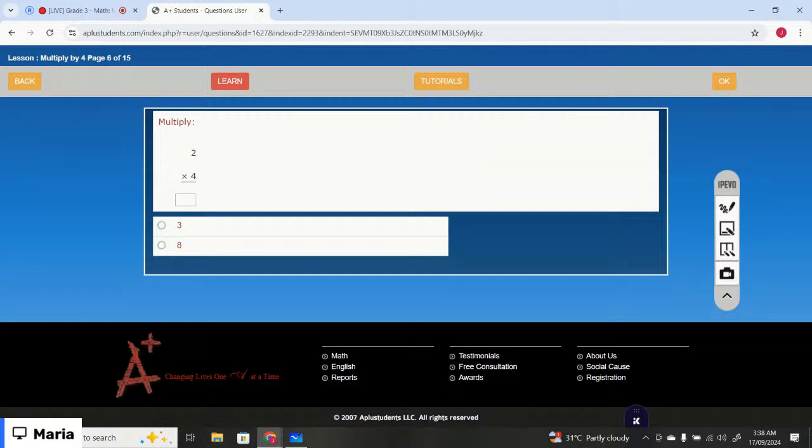2 times 4, which is the correct option? Yes, 8 it is. 2 times 4 is 8.